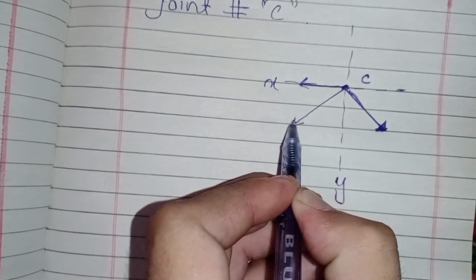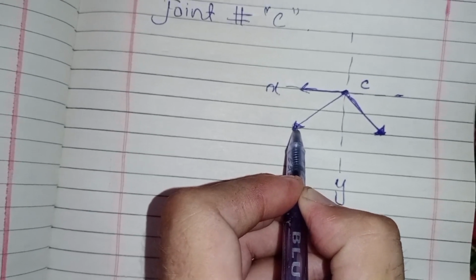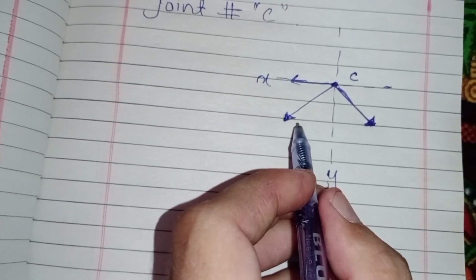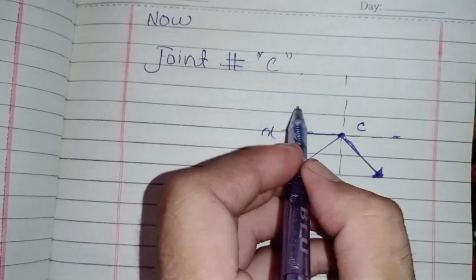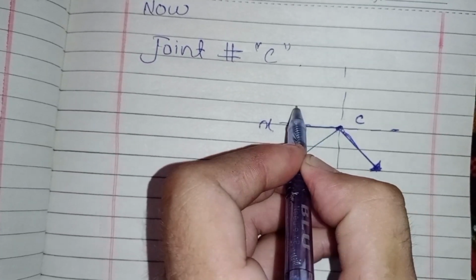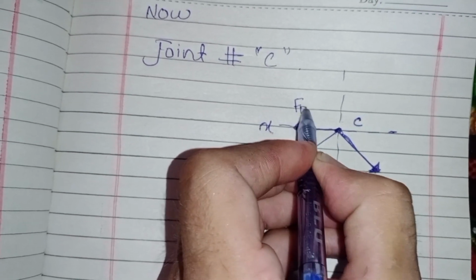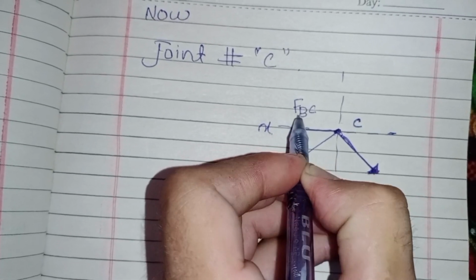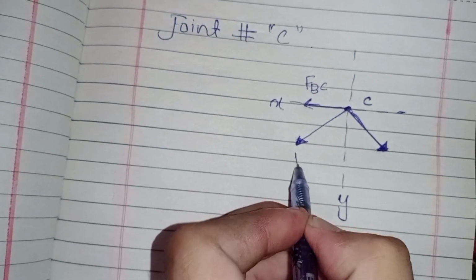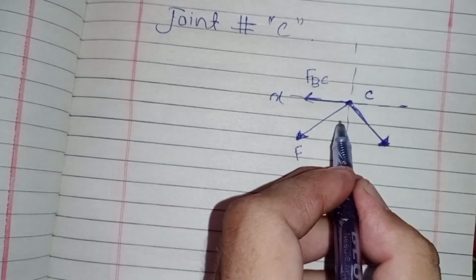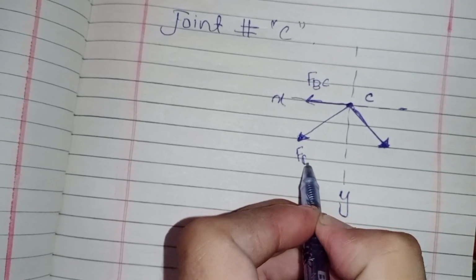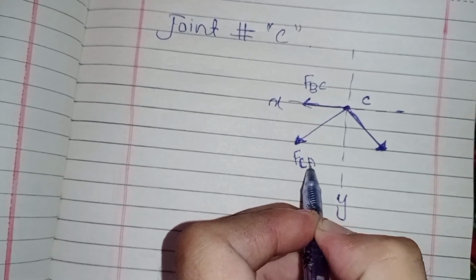So I assume that it is also in tension. Okay, this force is in tension. This is called BC, sorry, BC. This is force FCA or AC.